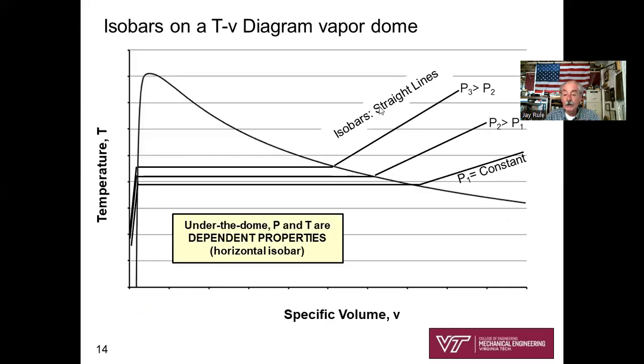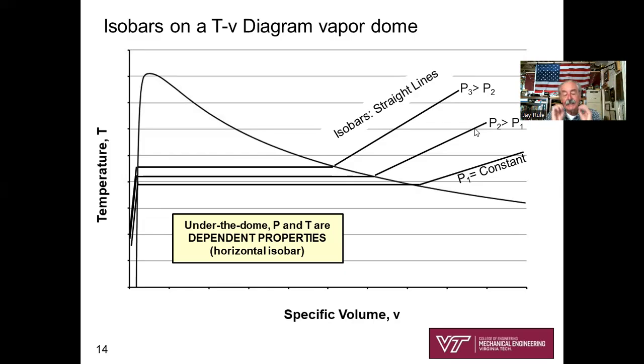Here's the next big takeaway, for a temperature-volume diagram. Remember, isobars are lines of constant pressure. Under the dome, they're horizontal lines because P and T are dependent properties. But look, once you get to the right of the vapor dome, these lines of constant pressure are straight lines, but they are not parallel with each other. They are diverging from one another.